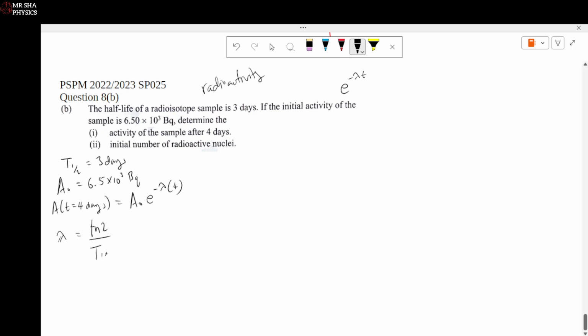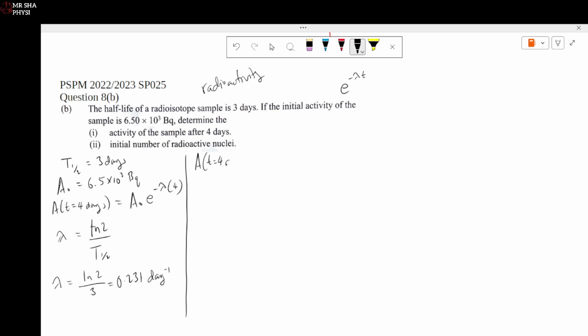So lambda equals log 2 over 3, and this gives me a value of 0.231, and the unit is per day. Now I can just substitute it into the equation.